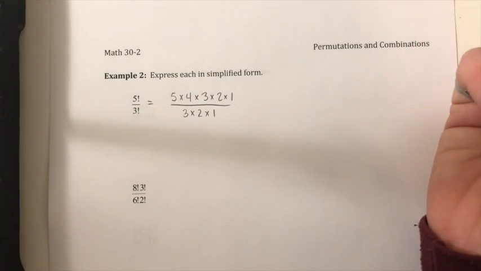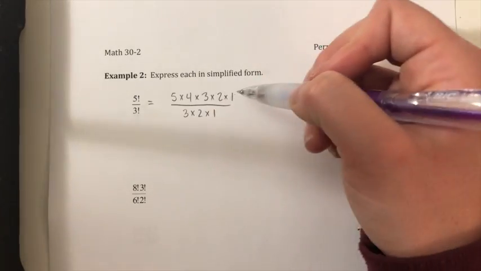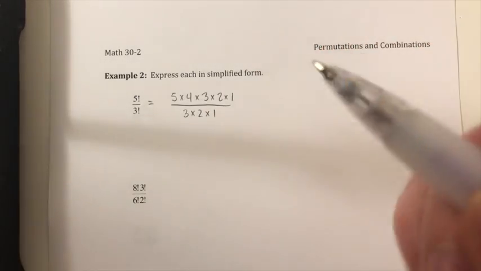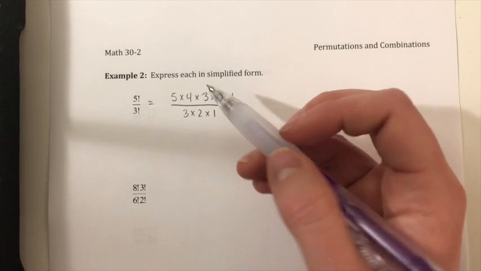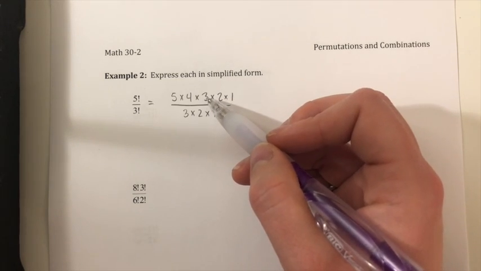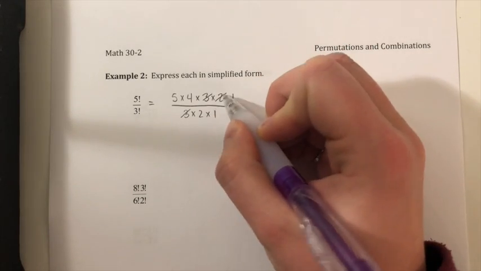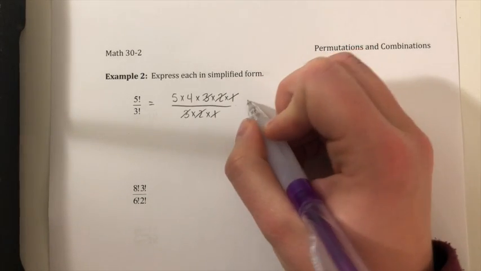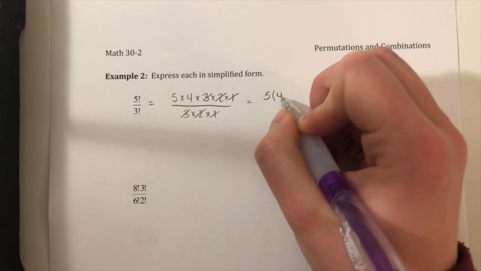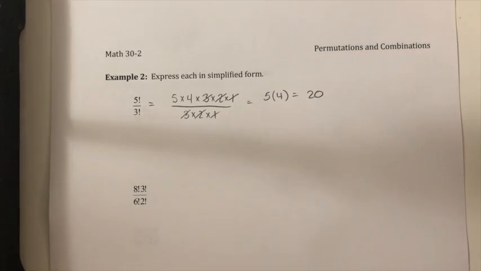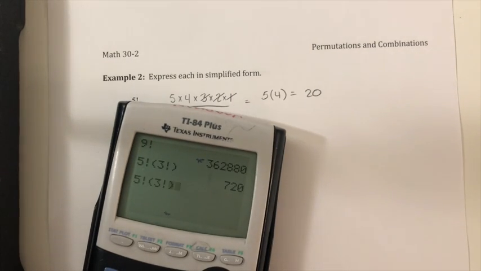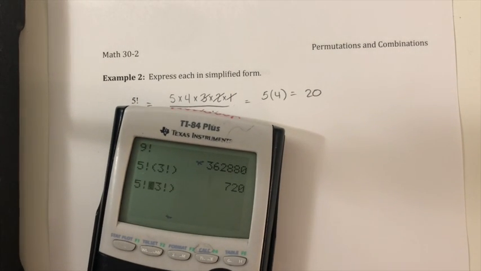Remember, anytime we have factors, things that are being multiplied, that are the same in the top and the bottom of a fraction, we can cancel them. So we can cancel the 3's, the 2's, and the 1's, and we're just left with 5 times 4, which we know is 20. We could confirm this answer with our calculator.